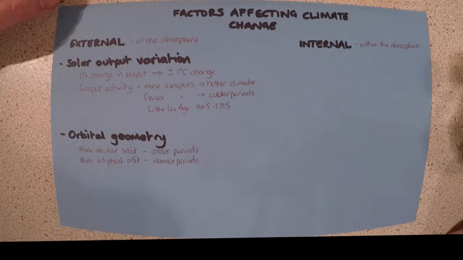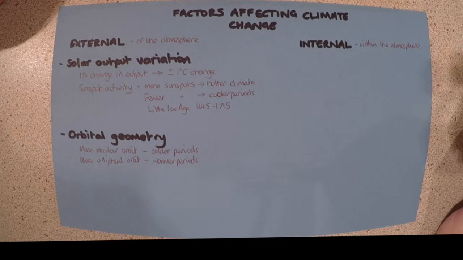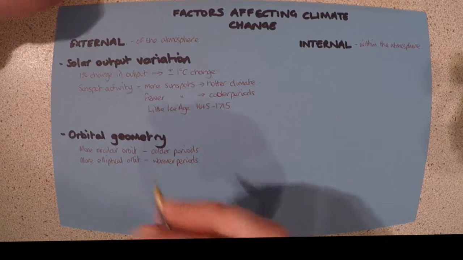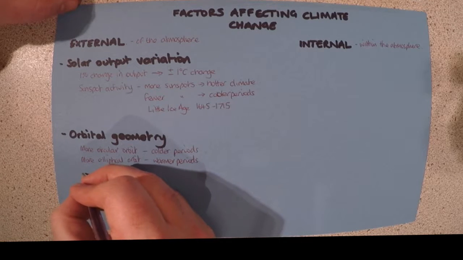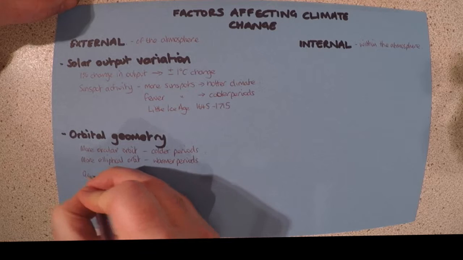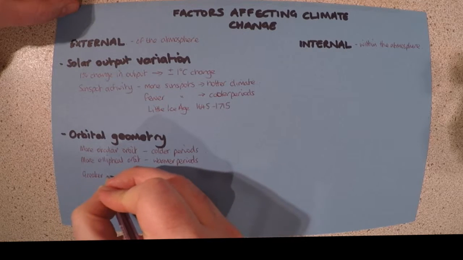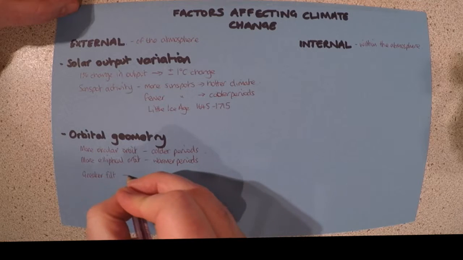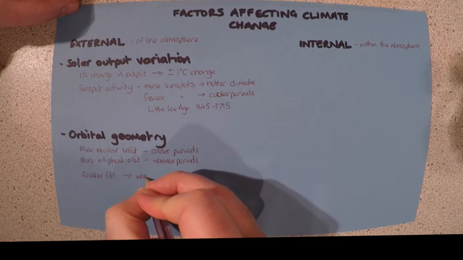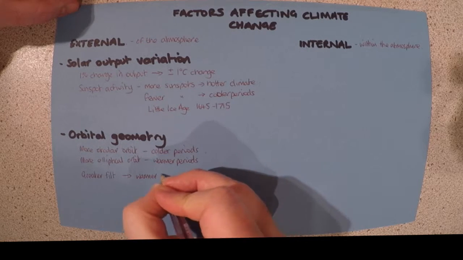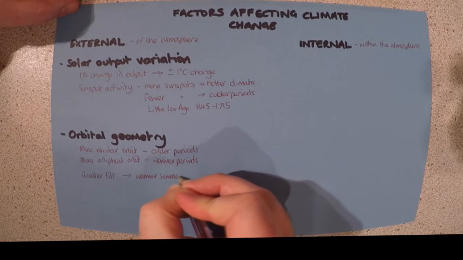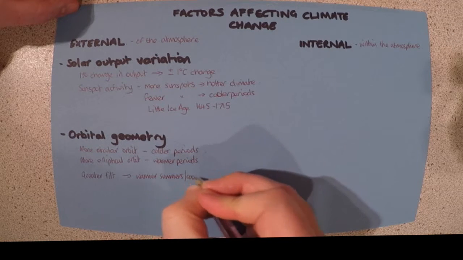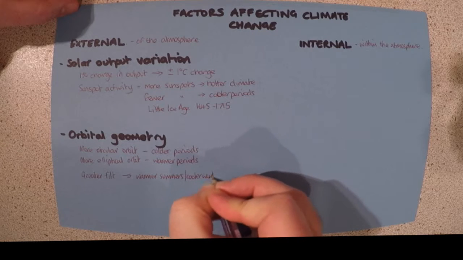Notice here again how I'm just describing what's going on. I'm not necessarily explaining, because I don't think that that's actually what's been required. In terms of the tilt on the axis, the greater the tilt of the axis, we tend to get warmer summers and cooler winters.